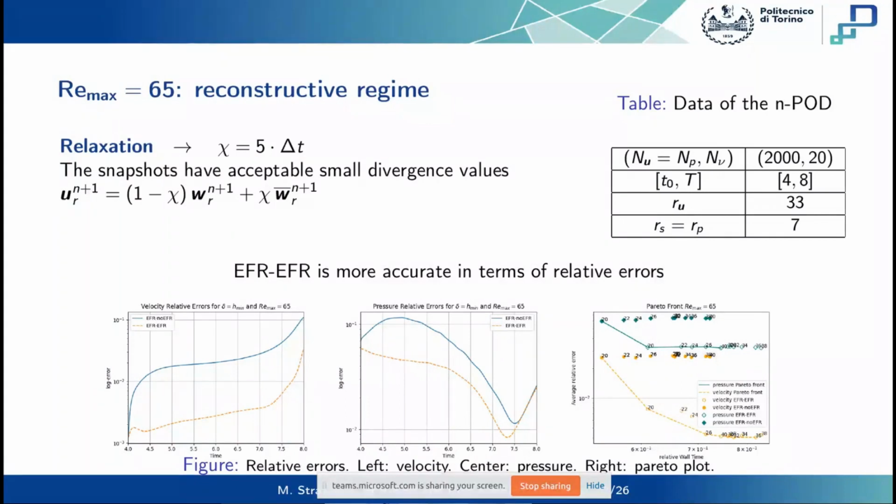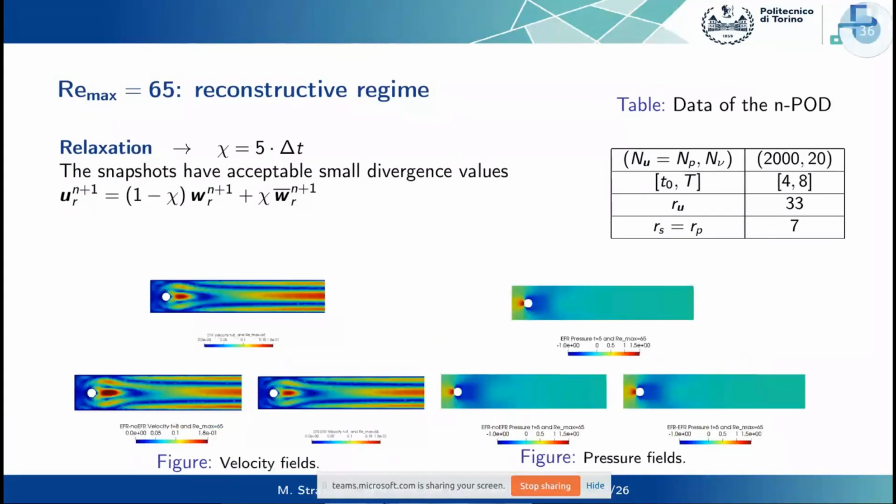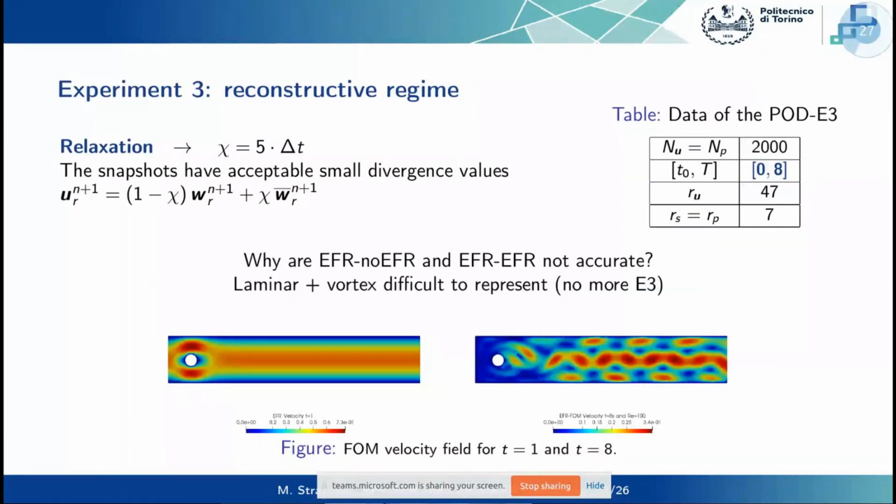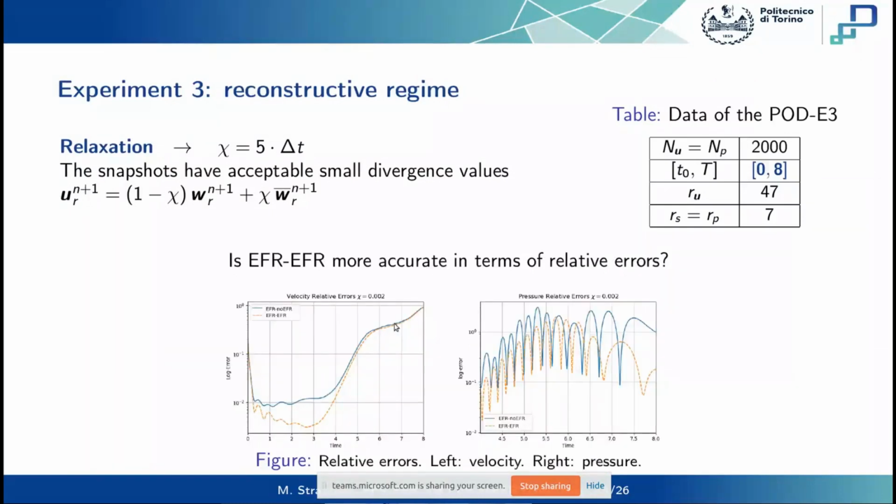Because we have seen also that for experiment 3, here, it's not beneficial at all, okay? So for sure, you have to analyze your problem and understand if it's convenient to use your stabilization also online, because this kind of regularization is quite cheap, but there are stabilizations that are more expensive.